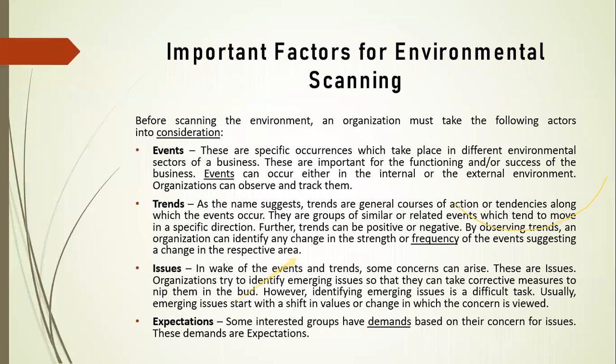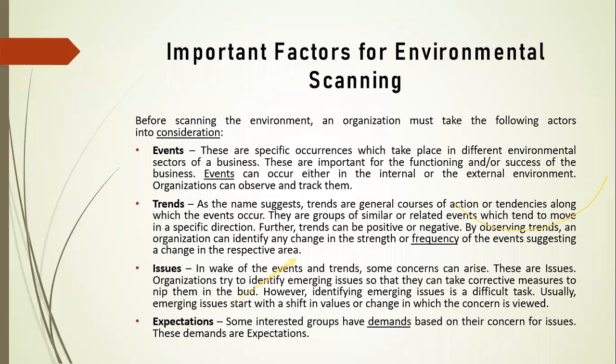These are important for the functioning and success of the business. Events can occur either internally or externally. The organization should observe these events and track them. So events are specific occurrences.